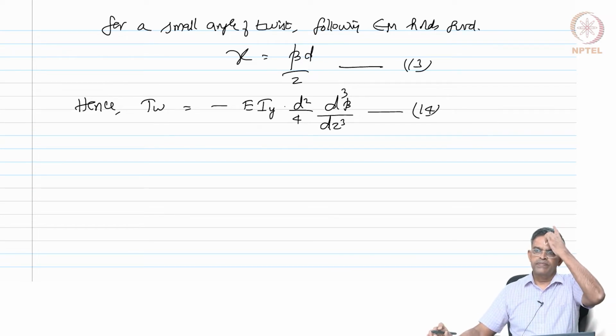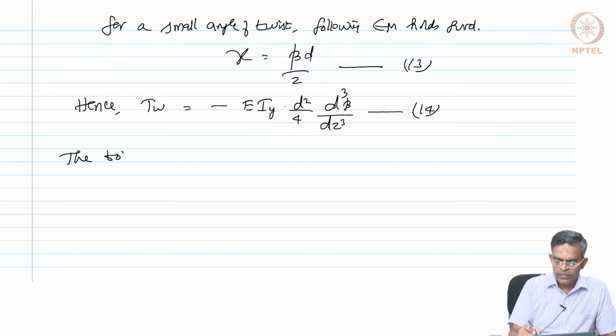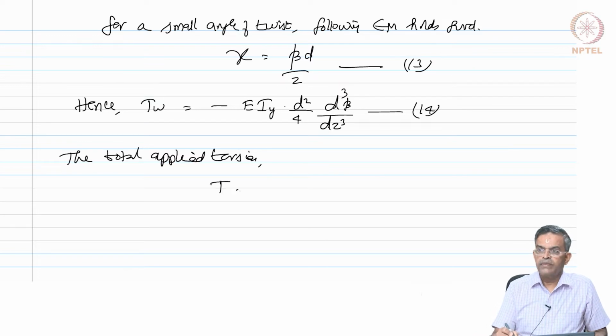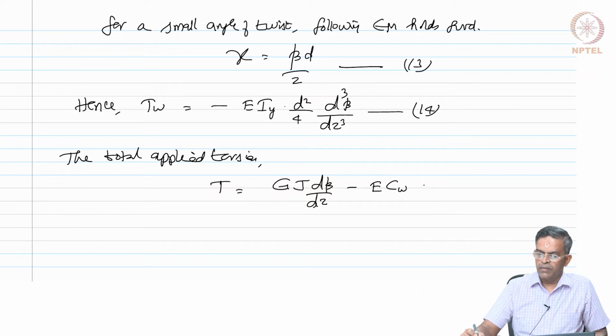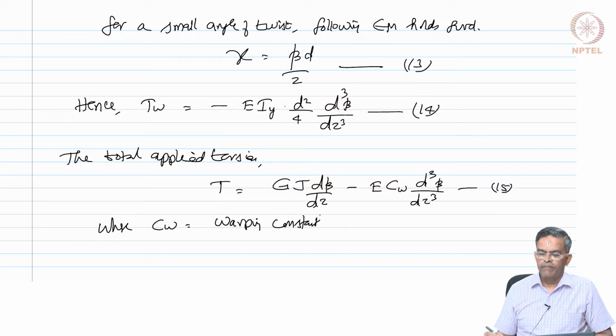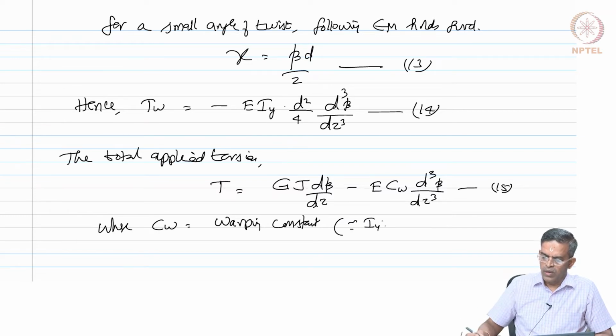Now, we can say the total applied torsion is given by T, which is GJ d beta by dz minus E Cw d cube beta by dz cube, where Cw is called the warping constant, which is approximately equal to Iy d square by 4.